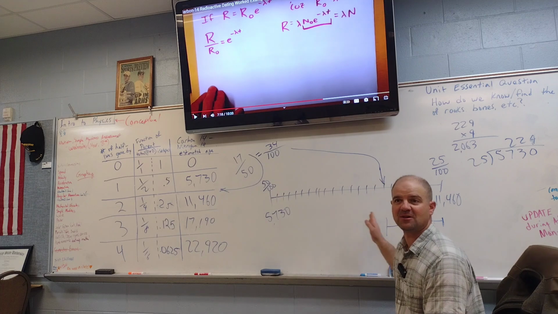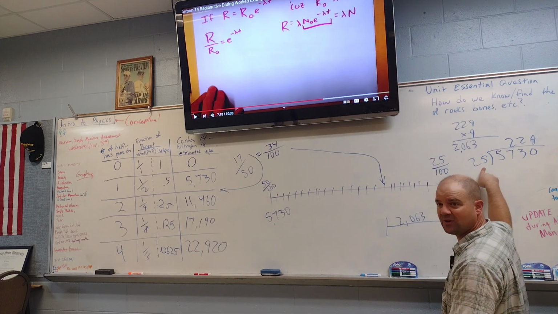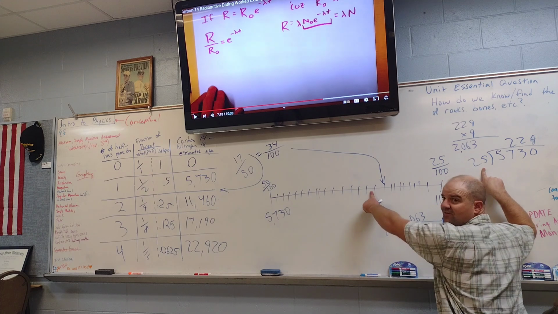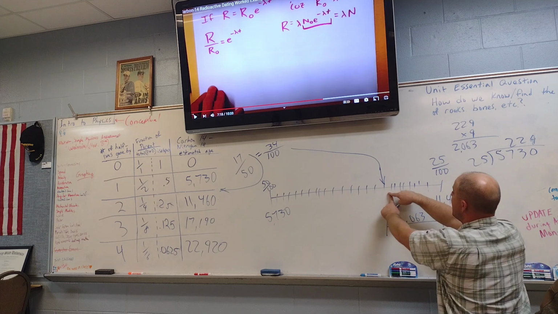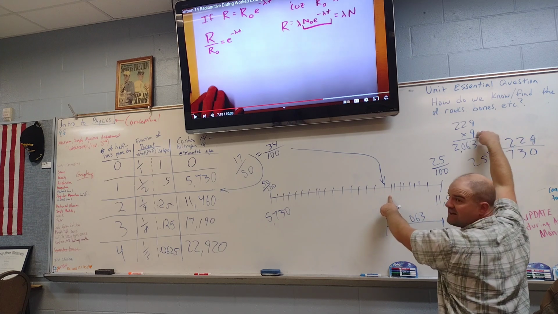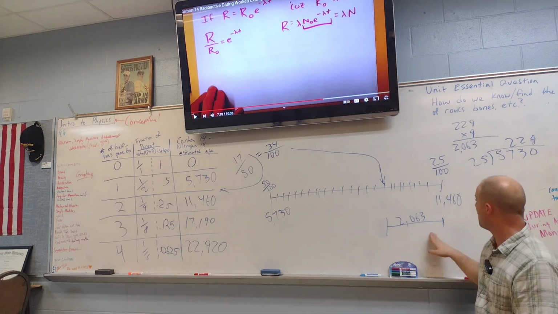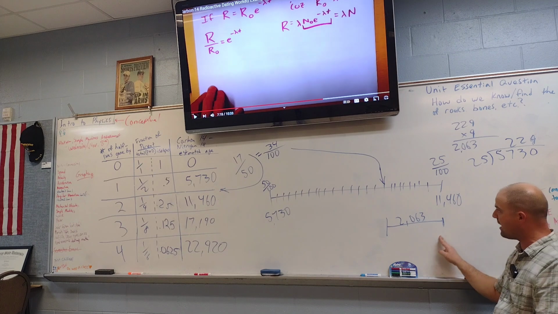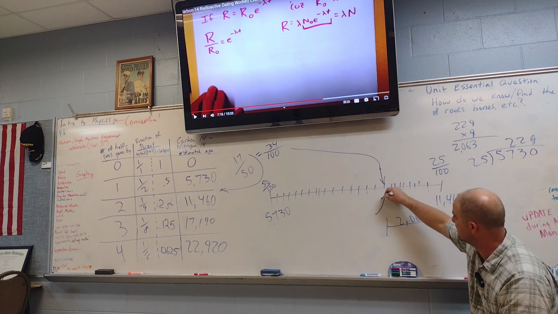So we took the 5,730 years, divided it by 25. So each one of these is 229 years. And then I said we're 9 away from this age. So we multiplied each increment by 9. So now we know it's 2,063 years here. And we're going to subtract that away from the 11,460 to get our age right there.